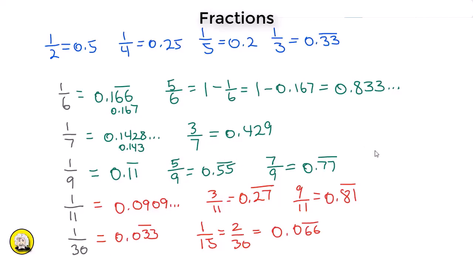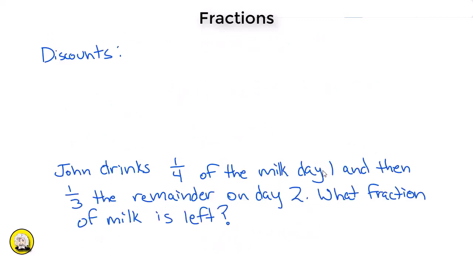Students should also be very comfortable with calculating fractional discounts or fractional changes for the exam. So for example, if I start with 1 of anything, and I discount it by 1/3, my resulting price, for example, might be 2/3 the original price.